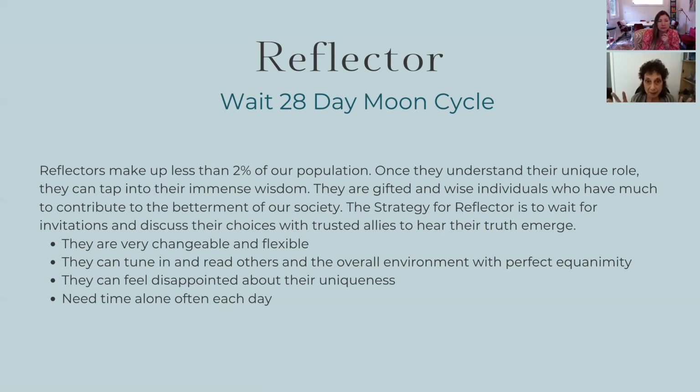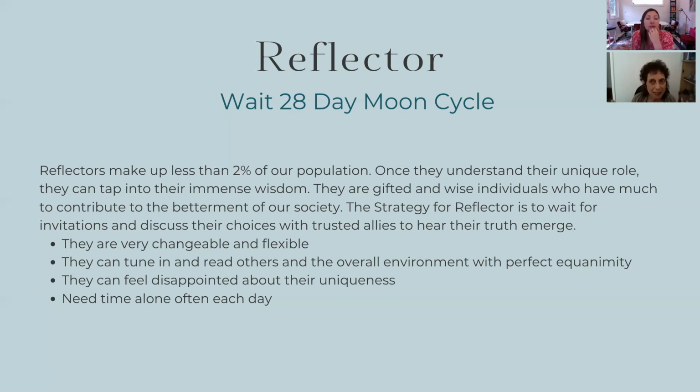In the human design body graph, remember those squares and triangles? As a reflector, they don't have any of them colored in. You might think, whoa, they must be weak, or they must be this, or that. And actually, their aura takes care of them. Even though the centers are not colored in, we take in energy.